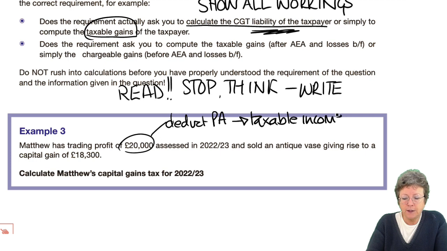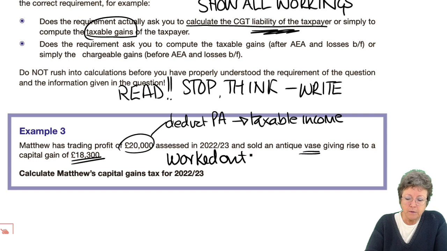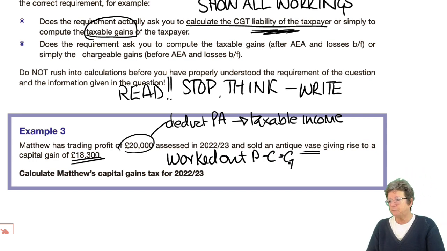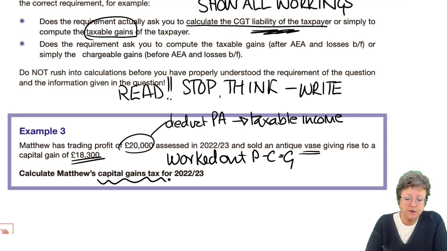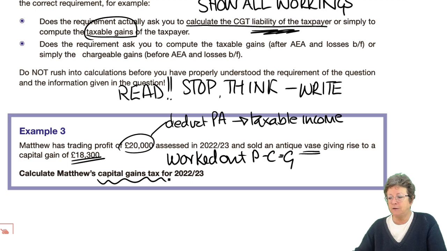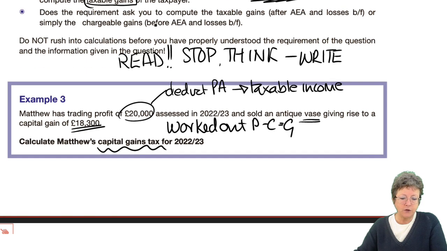Read the question carefully. And he sold a vase which gave a gain. Somebody's done that for you. They've worked out proceeds less costs, and they've given you the gain figure. All you've got to work out is his tax based on how much basic rate band he's got left. Okay, so shall we have a look at that, how that works?